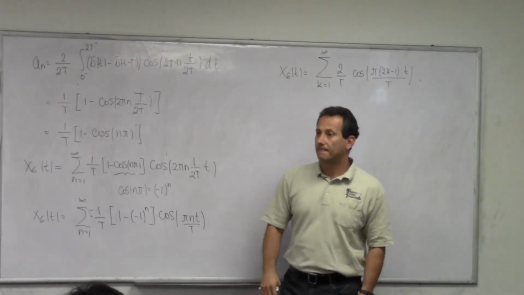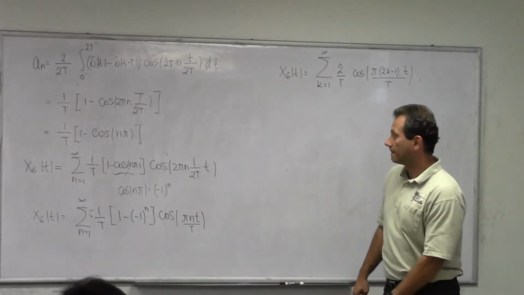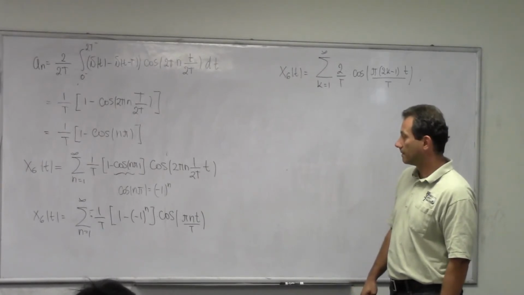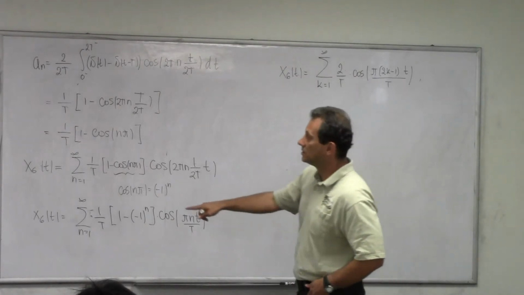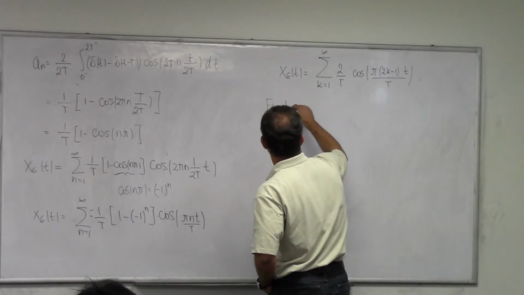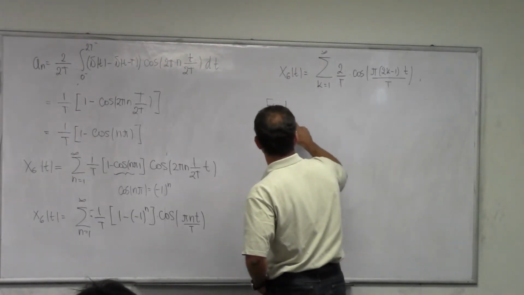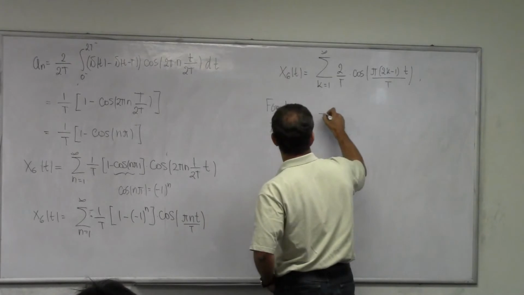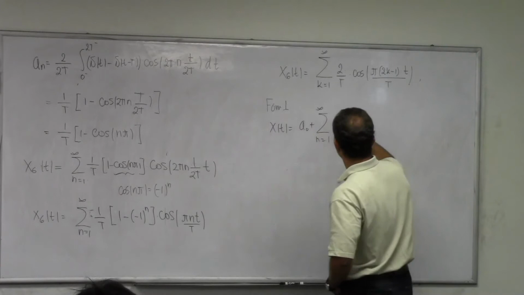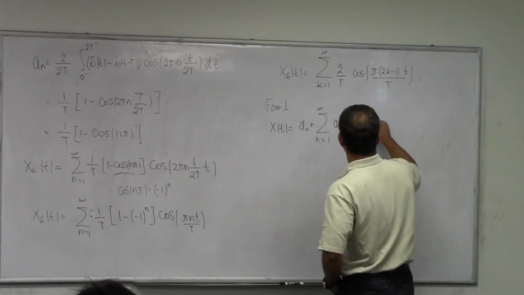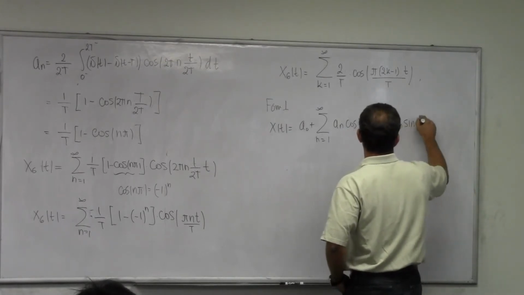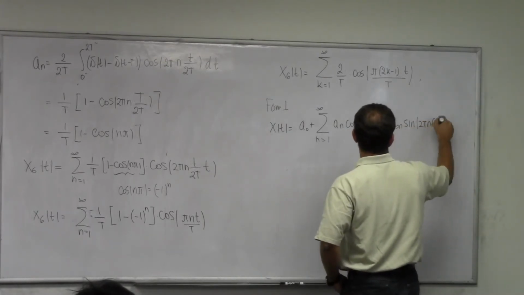Go ahead. If you were to graph that, I would imagine you wouldn't see it starting from n equals 1. It couldn't go all the way out to n equals negative infinity to positive infinity. No. Remember, this is form 1. x of t in general is a0 plus the sum for n from 1 to infinity of an cosine 2 pi n f0 t plus bn sine 2 pi n f0 t, right?